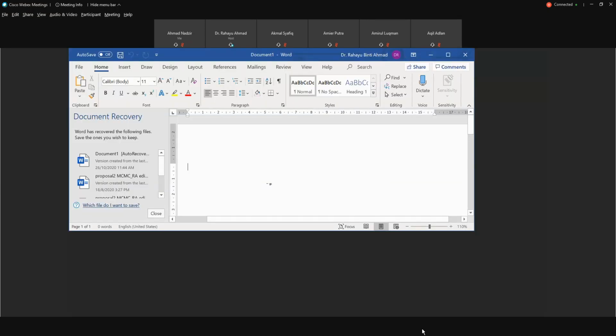Okay, so the first one you have project. Dalam tu you ada apa? Project number, project name, employee number, employee name, apa lagi?